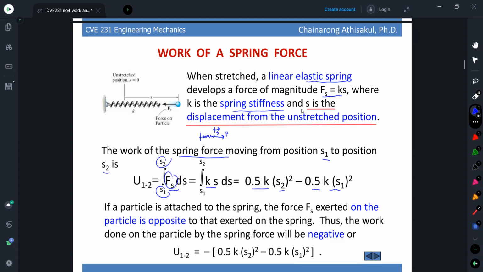That is positive. But normally, when we consider the spring force, we consider the body attached to the spring.